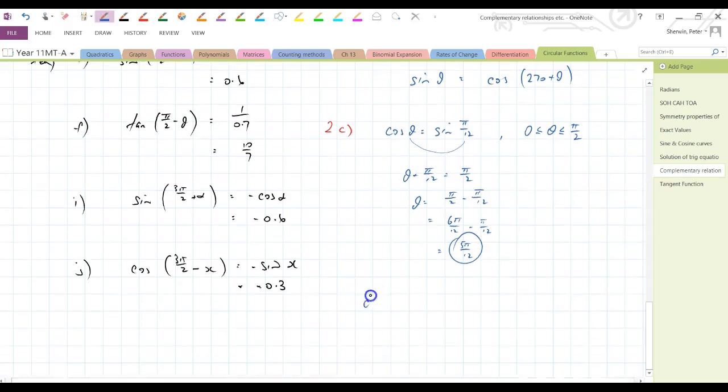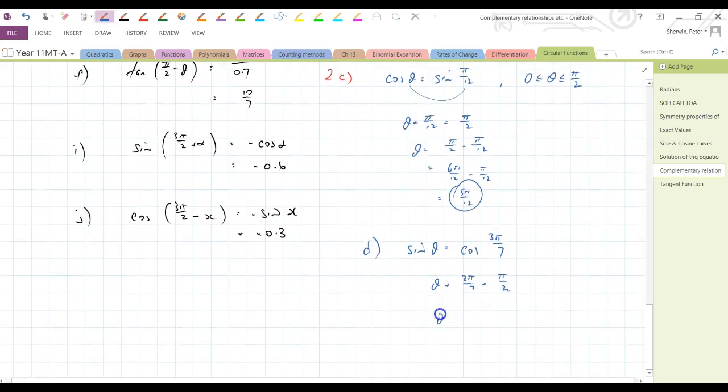So we'll do the same with D. D says, given again that theta is between 0 and 90, or 0 and pi on 2, sine theta is equal to cos of 3 pi over 7. So these are going to be equal when theta plus 3 pi over 7 is equal to pi over 2. So again, we'll do some fraction work on this.